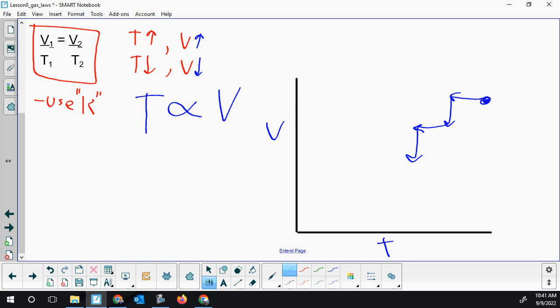So we're going to see a dropping as I head towards the origin. I take out my arrows, and we find out we get a linear relationship this time. We end up with a straight line.